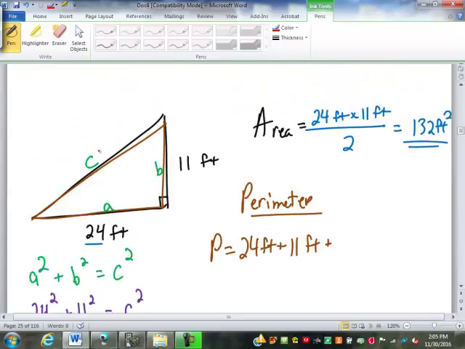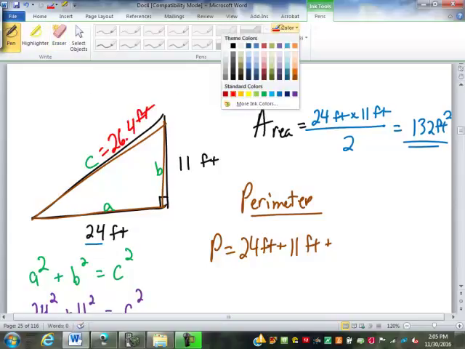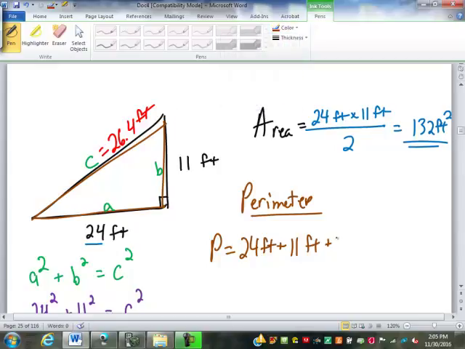So that means C here is 26.4 feet. So back to our perimeter, we add 26.4 feet. And that all adds up to 61.4 feet of perimeter.